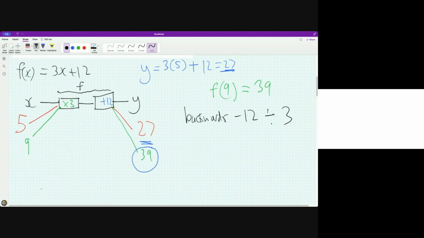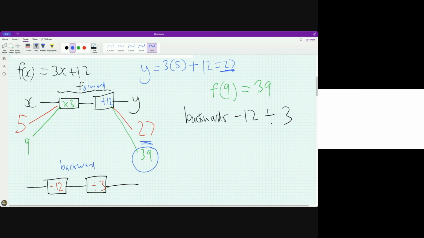Okay, so if I had to build a new machine, and this machine's job was just to go backwards, we are agreed that I should take away 12 and then divide by 3. Give me a thumbs up if you agree. This is the forward machine, and this is the backward machine.